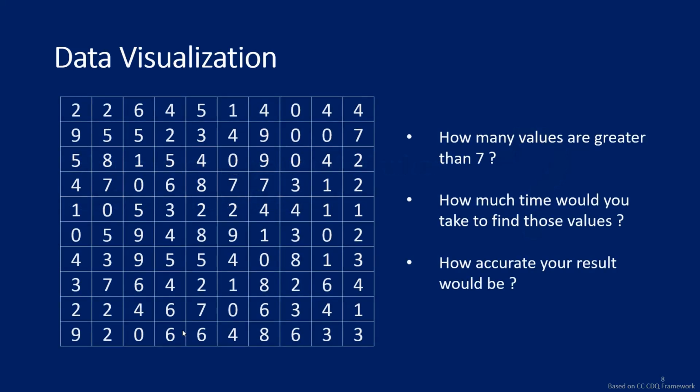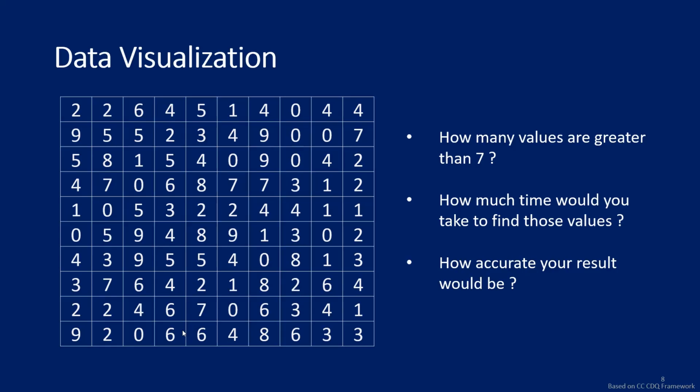Let's think a little bit. Here's a small exercise for you. Okay, I'll give you some time, probably 3 minutes. Can you tell me how many values are greater than 7? You can take more time if you want, but then tell me how much time you'll take, and we'll see how accurate your result is.